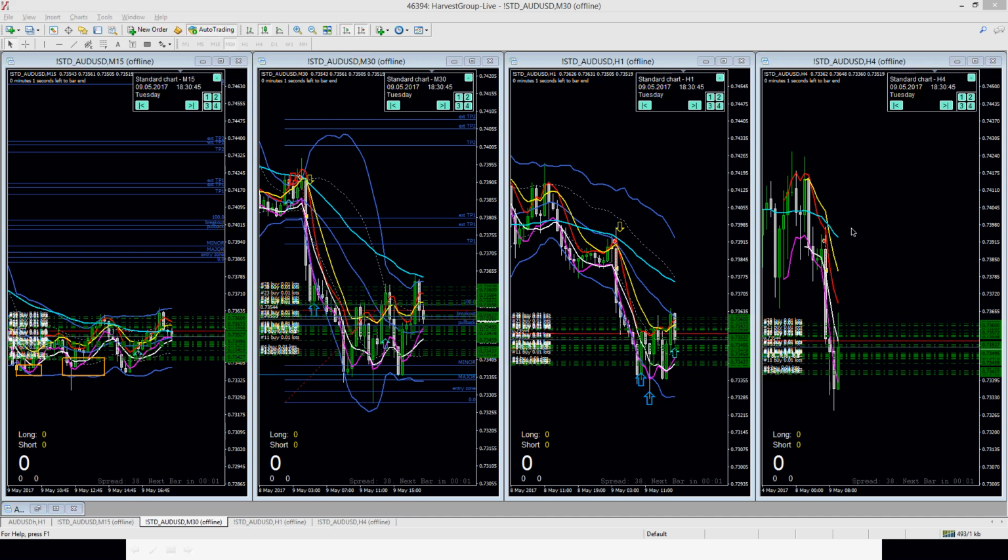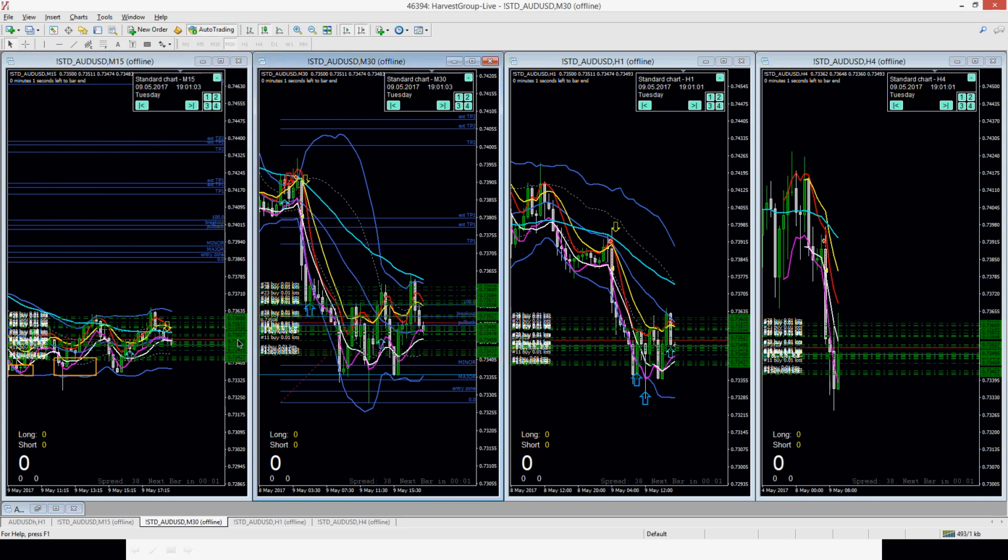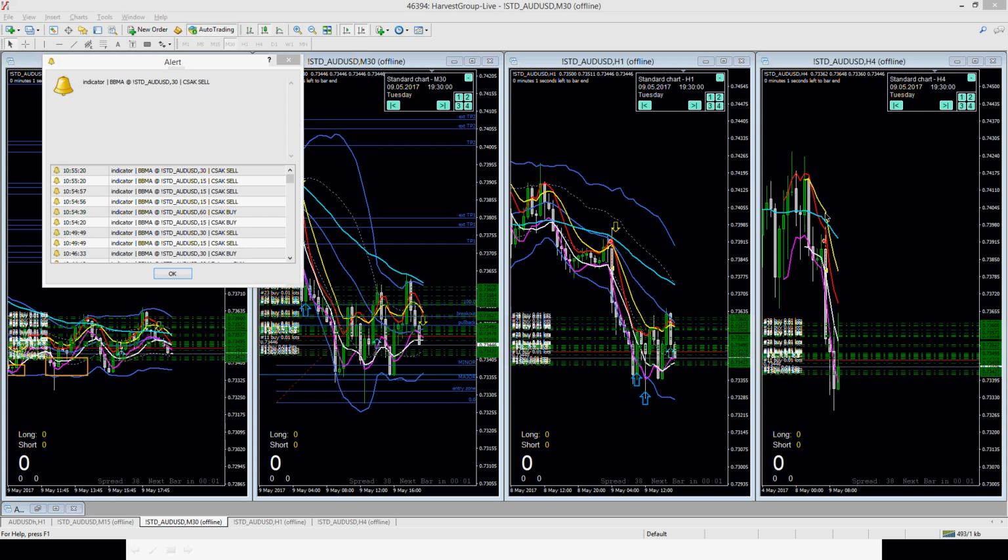There's another pullback zone over here. We hit the top BB of M15 again, so there might be another cycle, another wave over here. It all depends on if M30 Malo 5 or Malo 5 H1 becomes an entry buy.